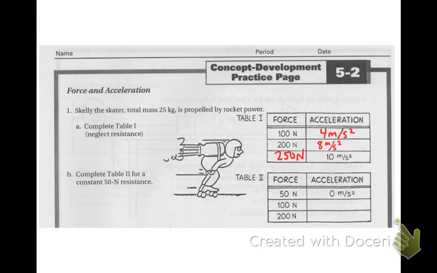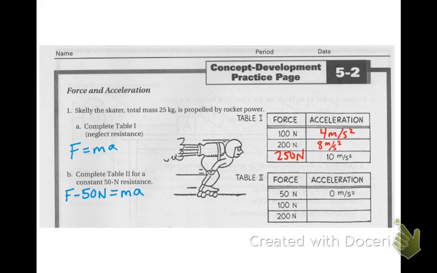Here's how that would look algebraically, though. I'm just going to write F equals ma up here. Our force is experiencing a 50 newton resistance. So what this is depicting is that our force minus our 50 newton resistance will equal our mass times our acceleration.